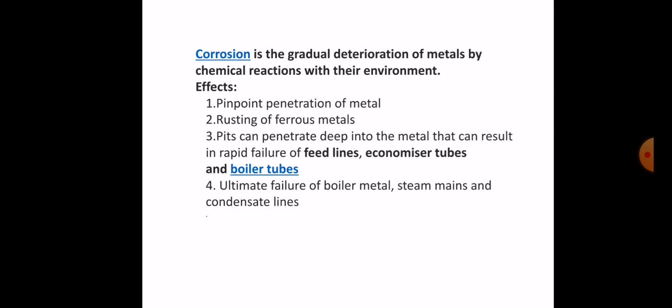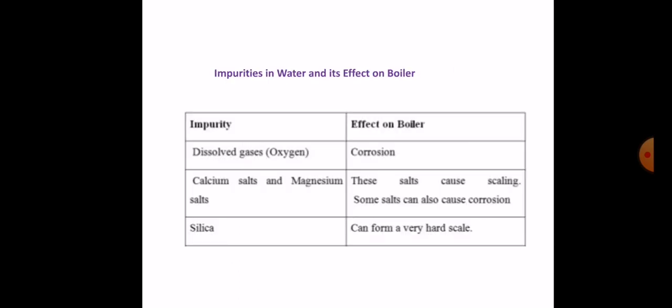Third, pits can penetrate deep into the metal, which can result in rapid, meaning quick, failure of feed line and economizer tubes. As I already said, there are a number of tubes in the boiler which are directly affected by corrosion. Fourth, ultimate failure of the boiler metal, steam mains and condensate lines.